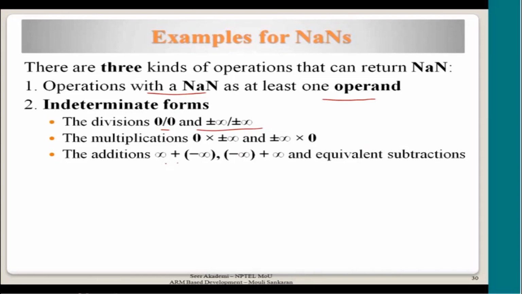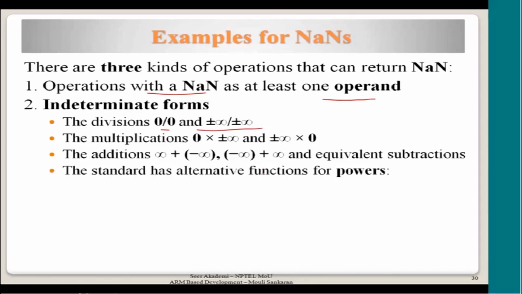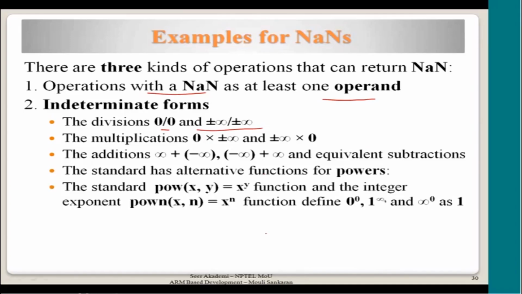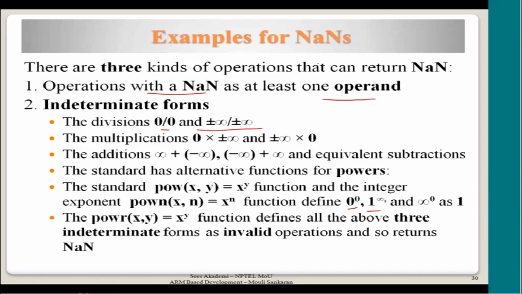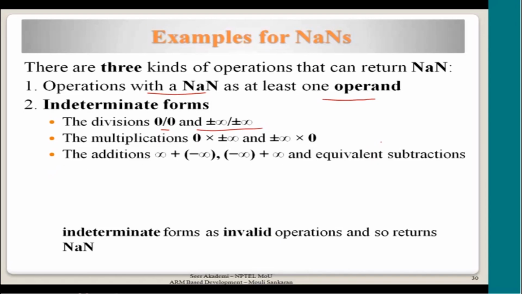Or you are trying to add plus infinity and minus infinity, or you are doing 0 to the power 0 or 1 to the power infinity. They are all not representable, so you can use the NaN representation for them. These are the different usages of the NaN representation.